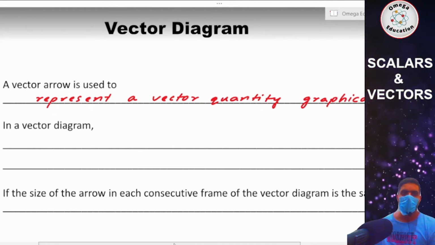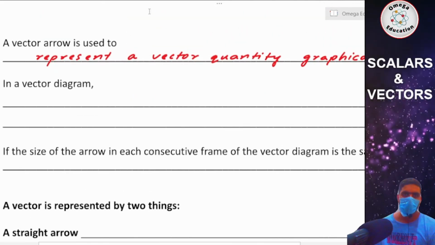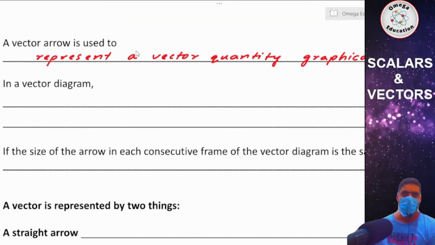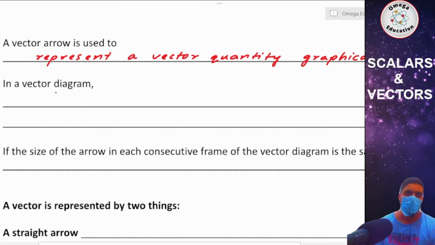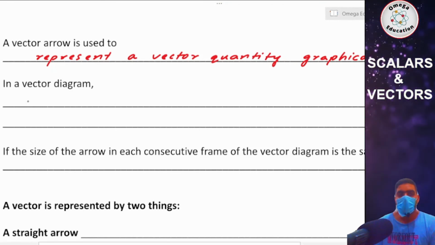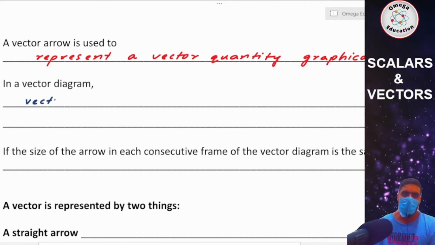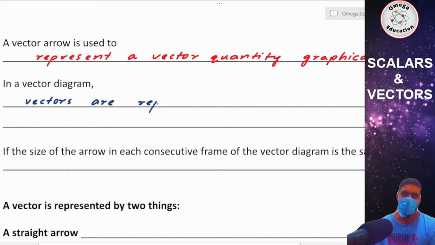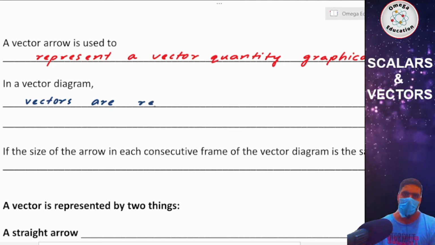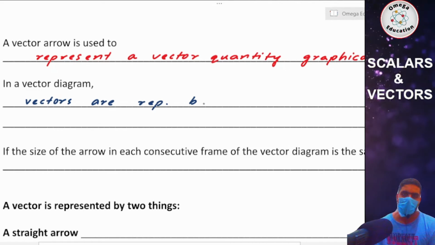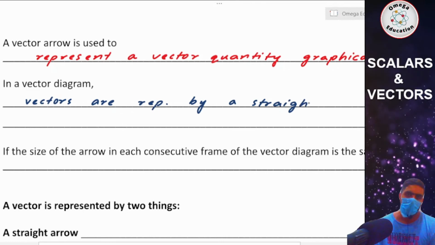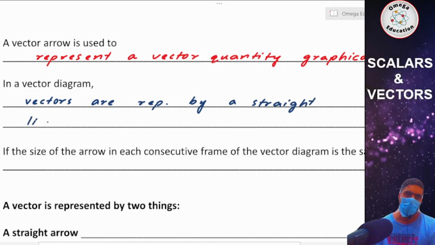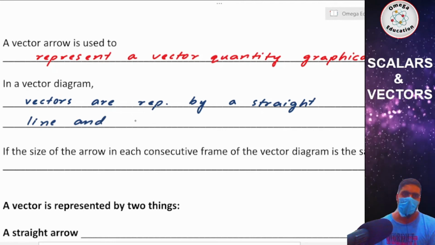Right. So in the vector diagram, like I mentioned in the previous slide as well, vectors are represented by a straight line and an arrowhead.